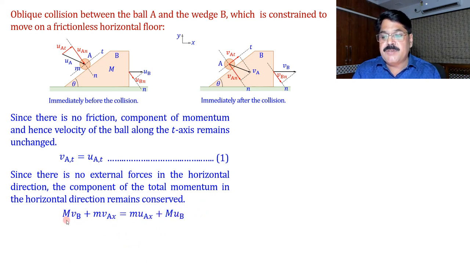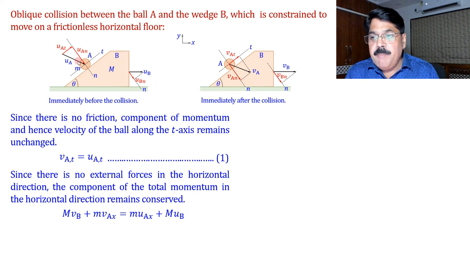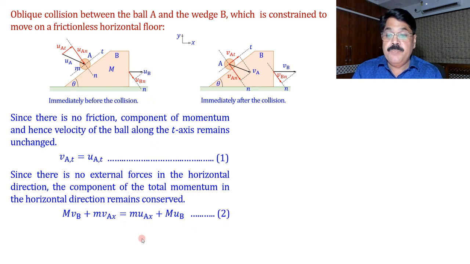Let us try to understand. This capital M into VB is the horizontal component of the wedge, and small m into Vx is the x component of velocity of A. Before the collision, small m into Ux, the x component of velocity of A, and capital M into UB. That is equation number 2, the equation of conservation of momentum in the horizontal direction.